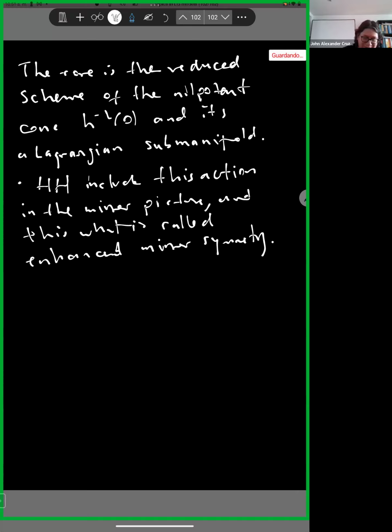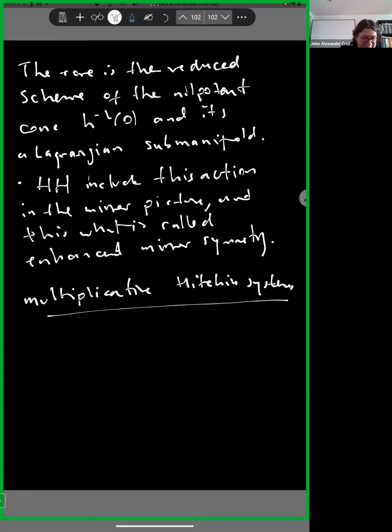The second development I mentioned was the multiplicative Higgs bundle systems. Let me say something about that. Good. So let me define a multiplicative Higgs bundle. A multiplicative Higgs bundle on a Riemann surface C is a G bundle.